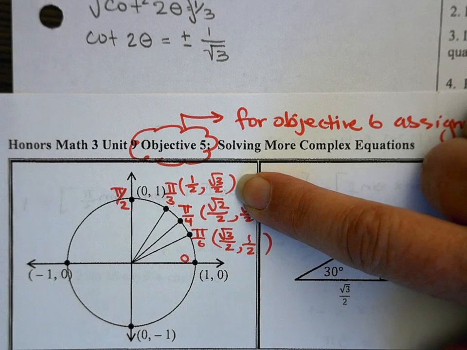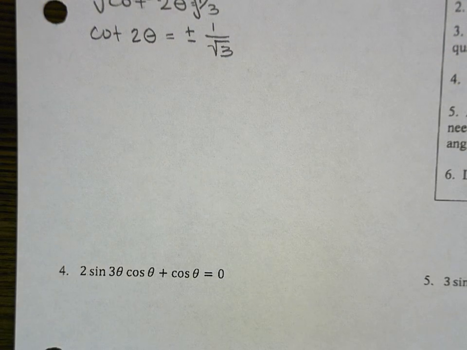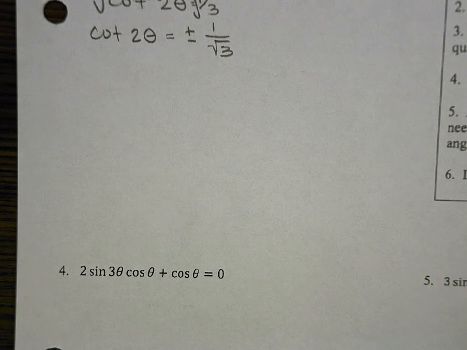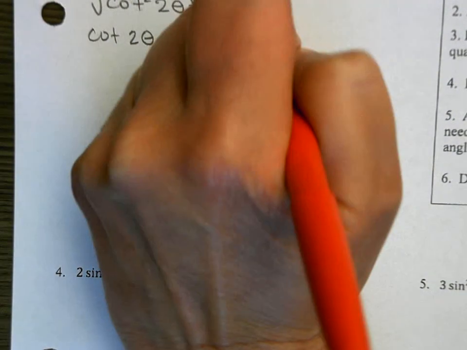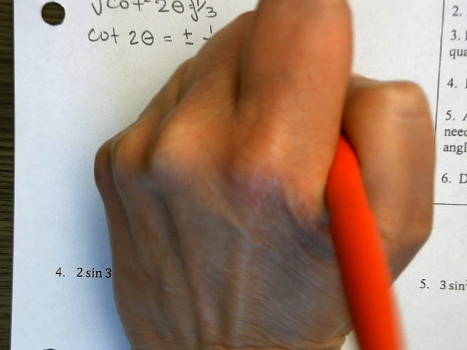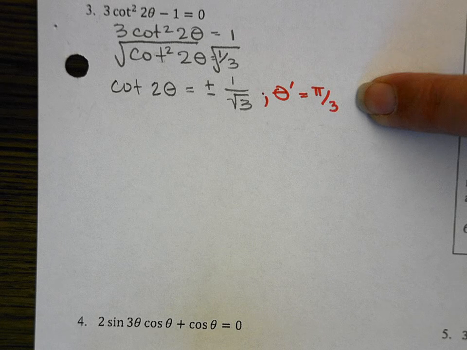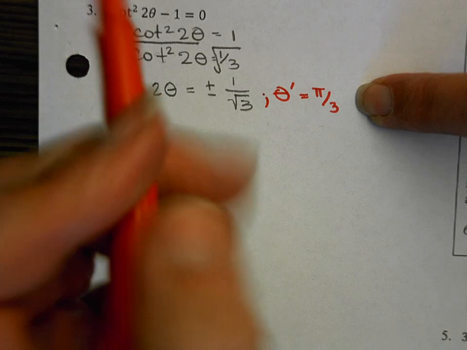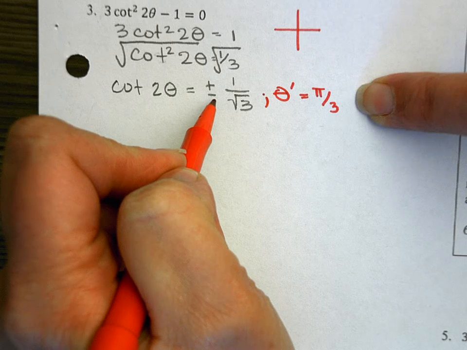So cotangent would be pi over 3, right? So pi over 3. So I have that theta prime, my reference angle, is pi over 3. And I know that cotangent is either positive or negative in any of the quadrants, right?